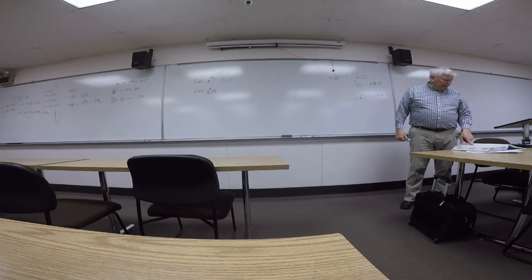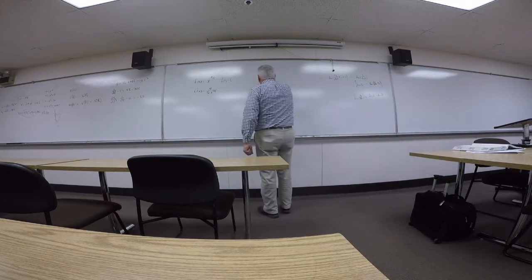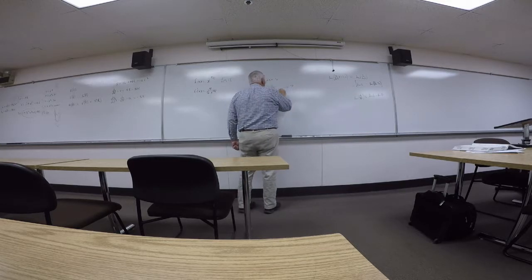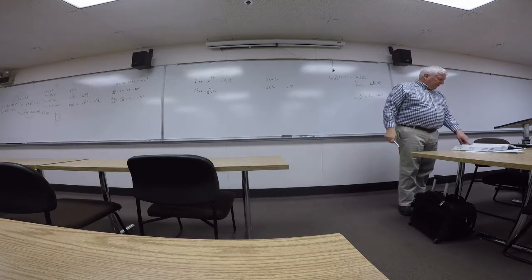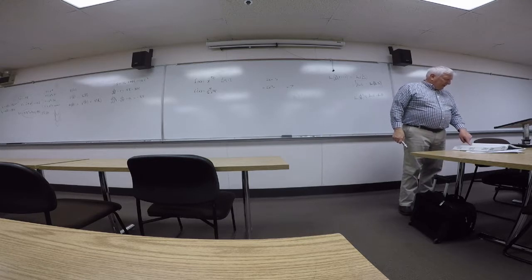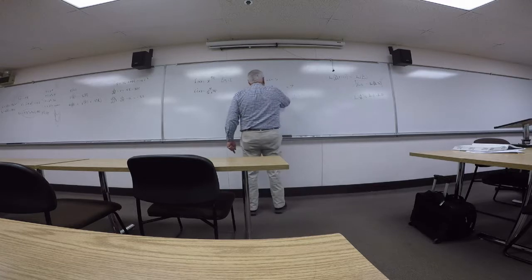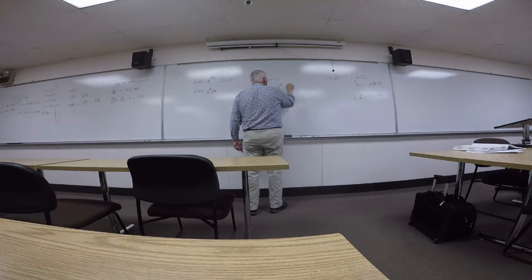Number 14 says f(x) equals 2x minus 3, or 6x minus x squared minus 7. Let's reread that. The second part says 6x minus x squared, minus 7.